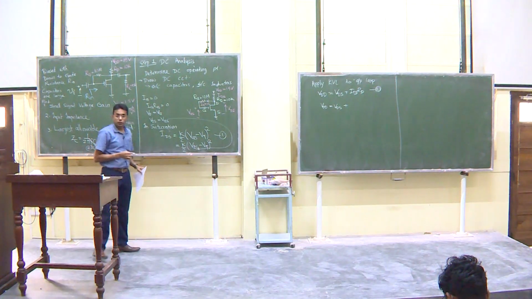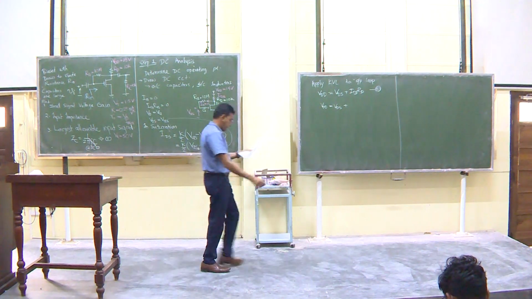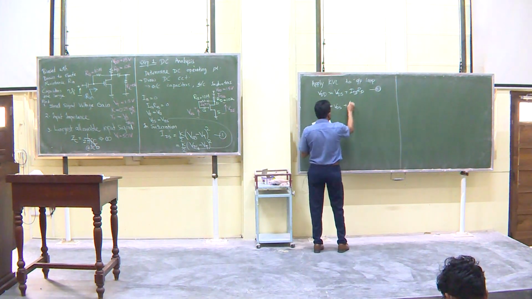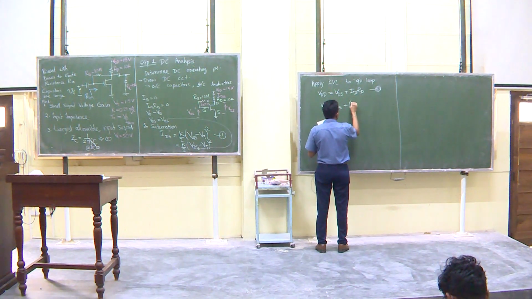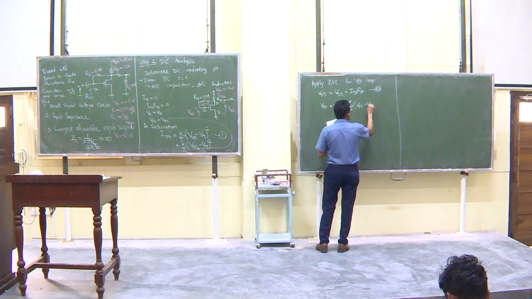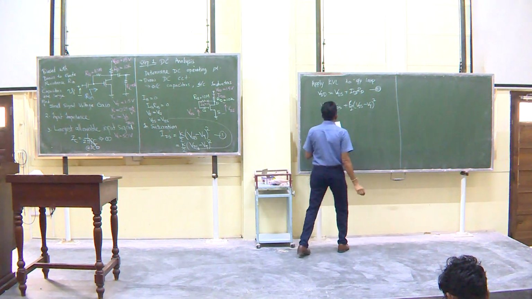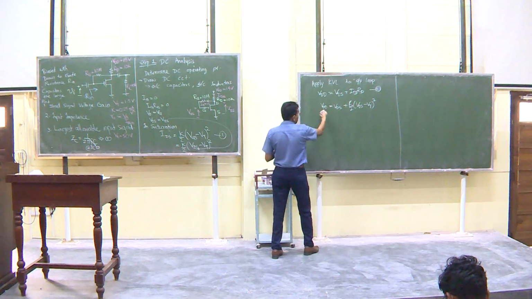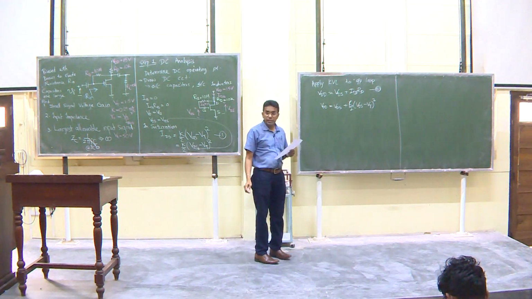That is why I put it there, okay. I have replaced ID with K divided by 2 times (VDS minus Vt) squared. Now, this is just an equation in VDS, right.